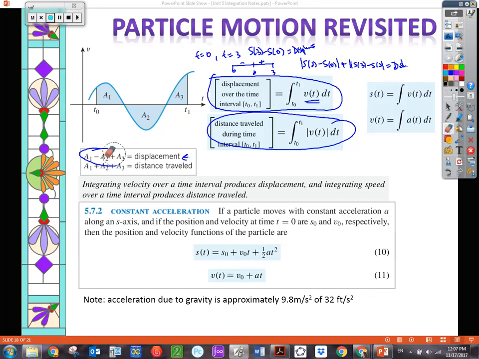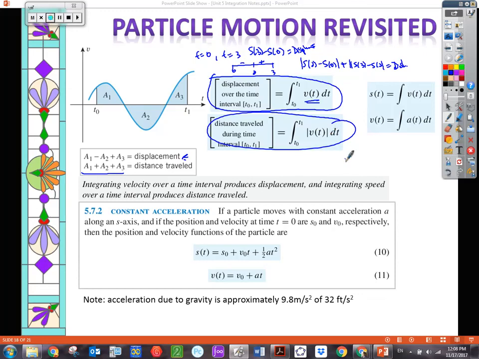That's what we have to do if we want distance. Looking at this graph, I would have to alter this piece and force it to be positive to get my distance traveled. That's what this absolute value does. It's the absolute value of velocity, not of the result.